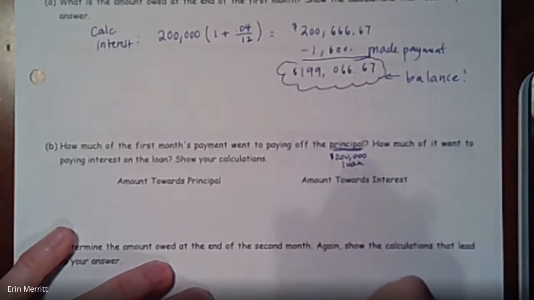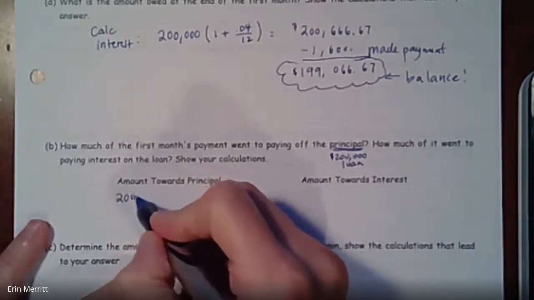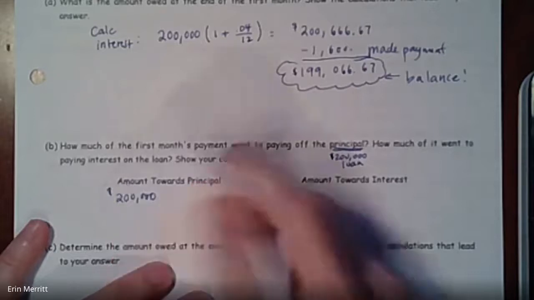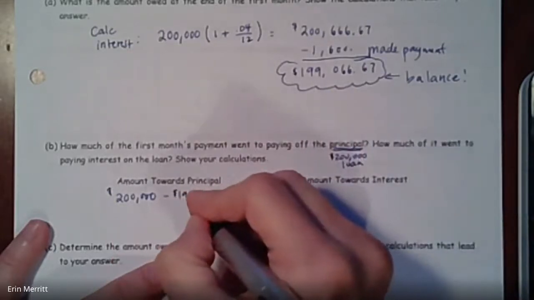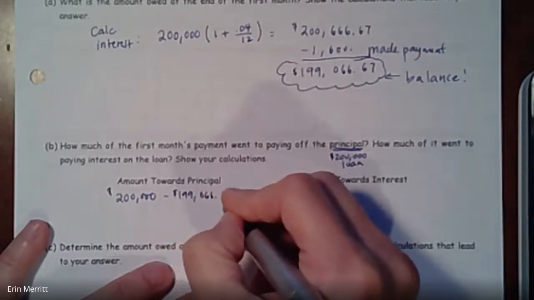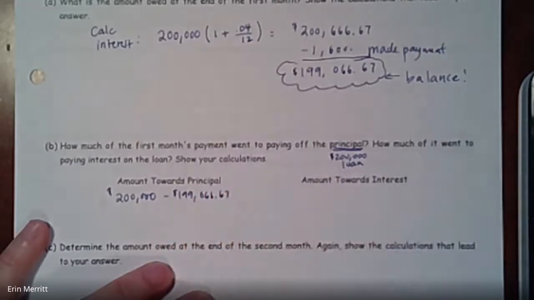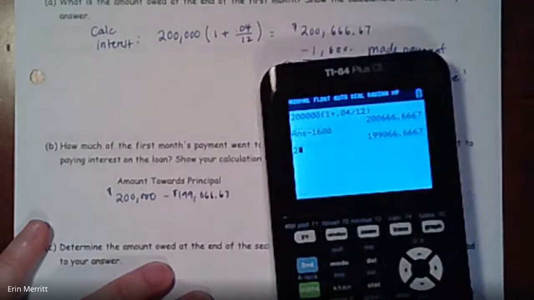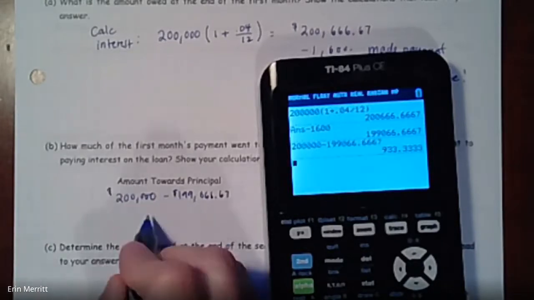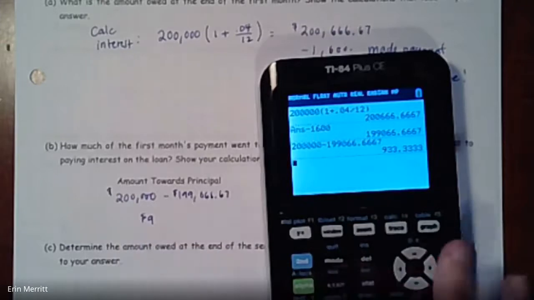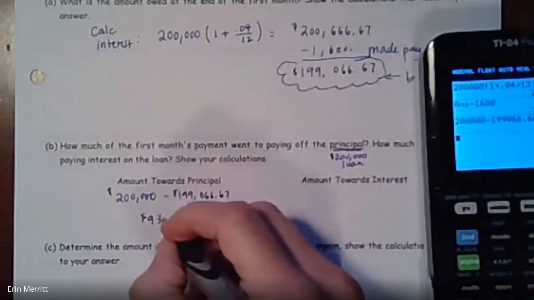Since it started at 200,000 and now what's left is $199,066.67, if we take that little difference, let's go 200,000 minus that. All right. So you paid off $933.